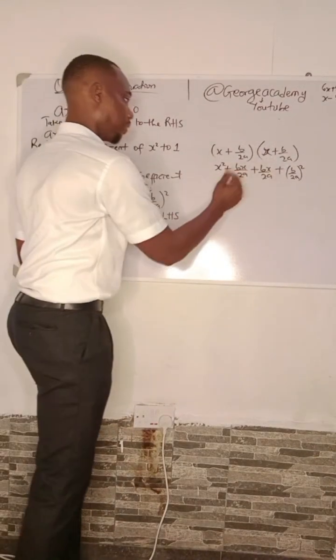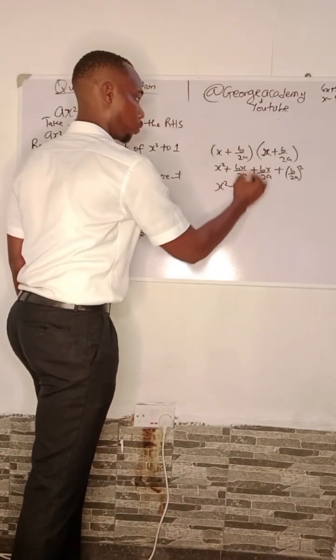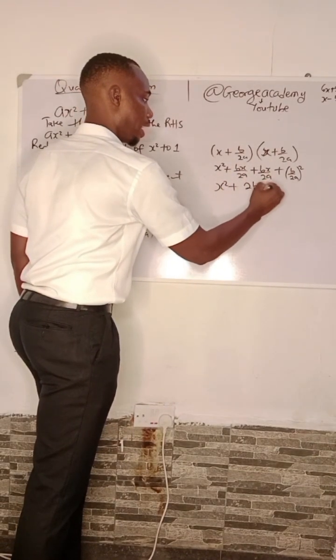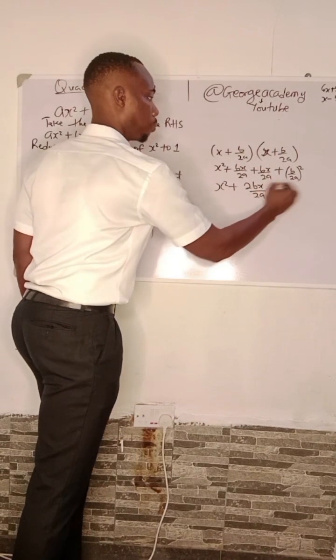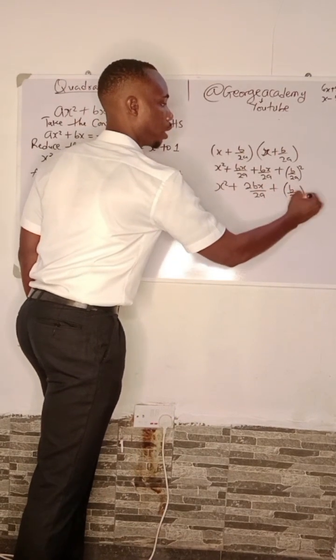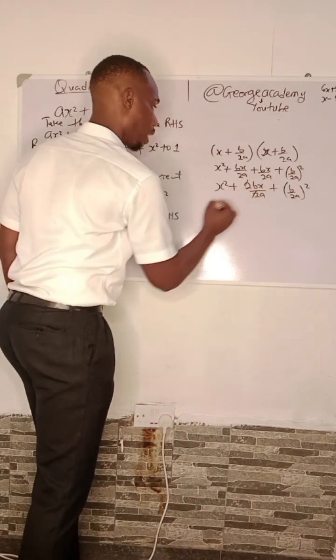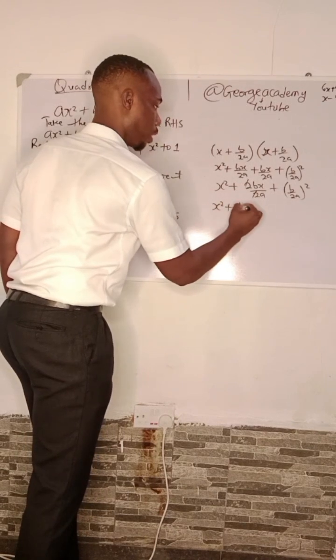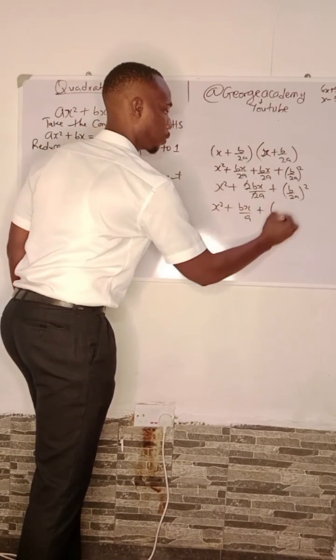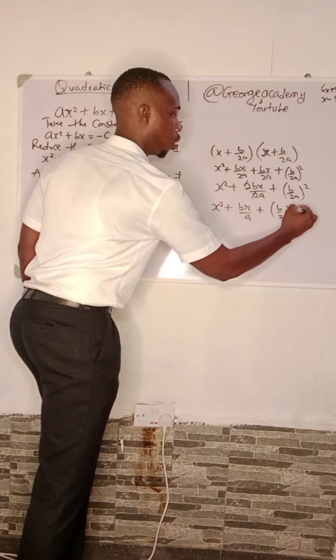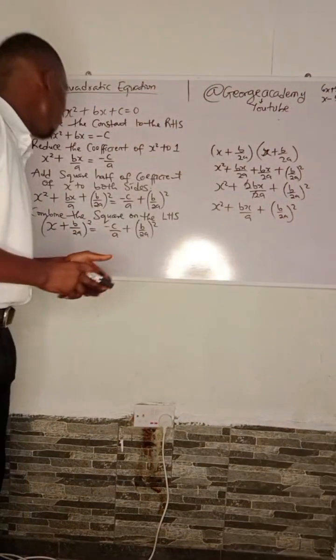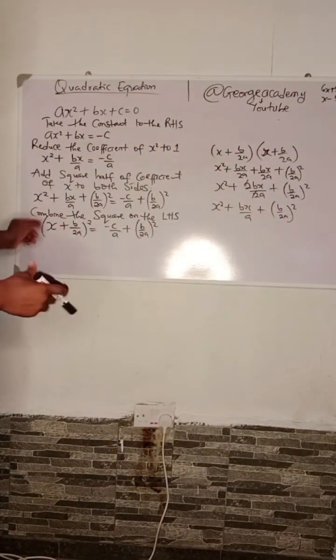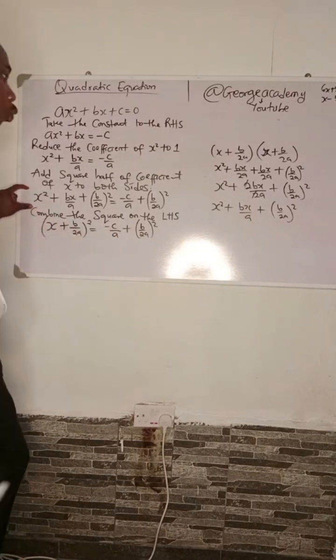So you add this, it gives you x squared plus 2bx over 2a plus b over 2a squared. So 2 is going to cancel out 2. x squared plus bx over a plus b over 2a all squared. And we have arrived at what we got here. So whenever you expand this, you are going to get this.